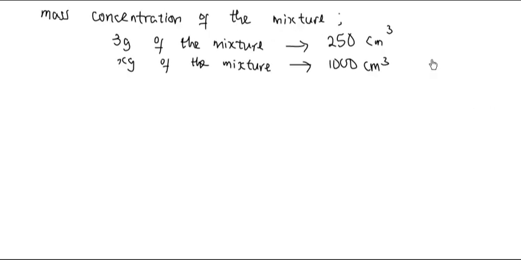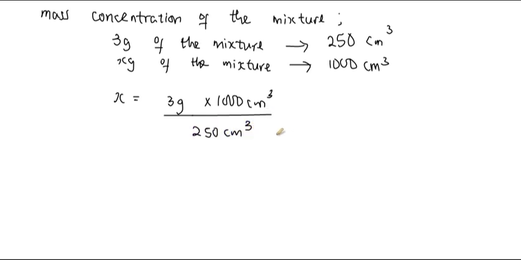And to get X, we'll be cross multiplying. So we have X equal to 3 grams times 1000 centimeter cube divided by 250 centimeter cube, which gives 12 grams.